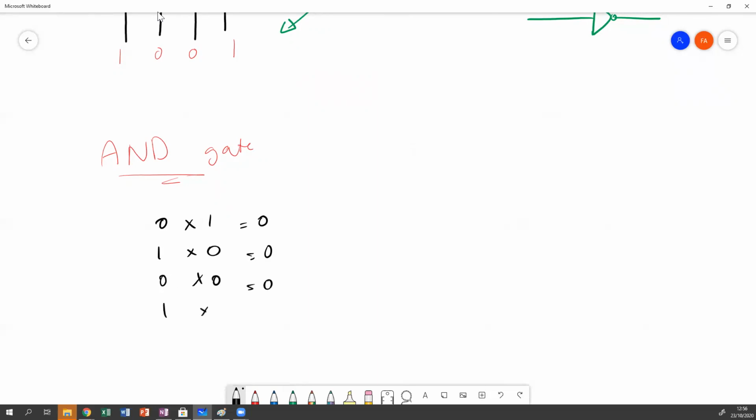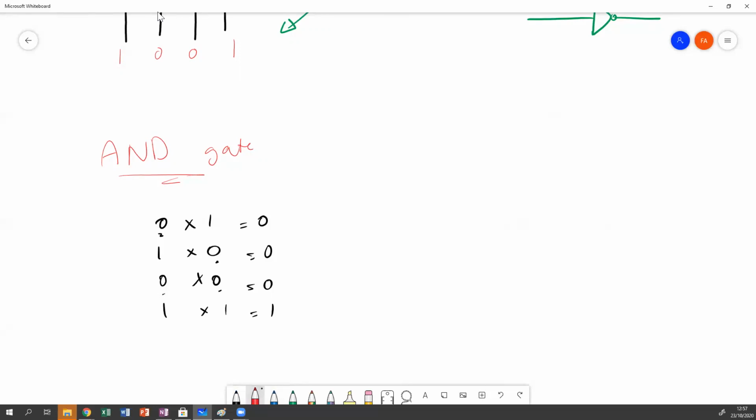And 1 times 1 is 1. Okay, how can we show that? We need a gate where, when one of them is 0, the output is 0. Look guys, if one of them is 0, the output is 0. But when both of them are 1, we get 1.